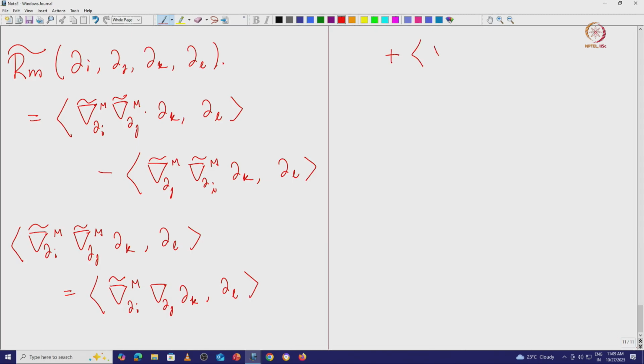So plus del I h of del j del k times the unit normal vector times del k. Okay. So I keep the first term as it is.